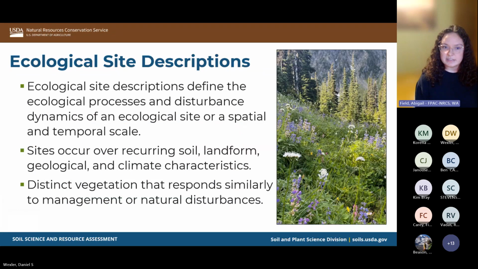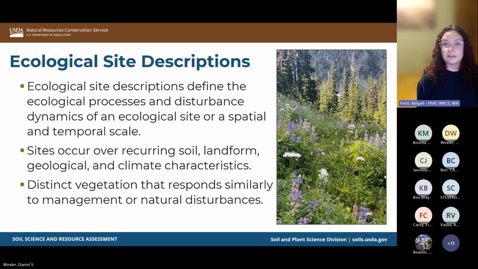Ecological site descriptions are associated with each soil that we describe, and they define the ecological processes and disturbance dynamics of an ecological site on a spatial and temporal scale. If you think about disturbance in these areas, they're not so much human impacted as they are environmental.